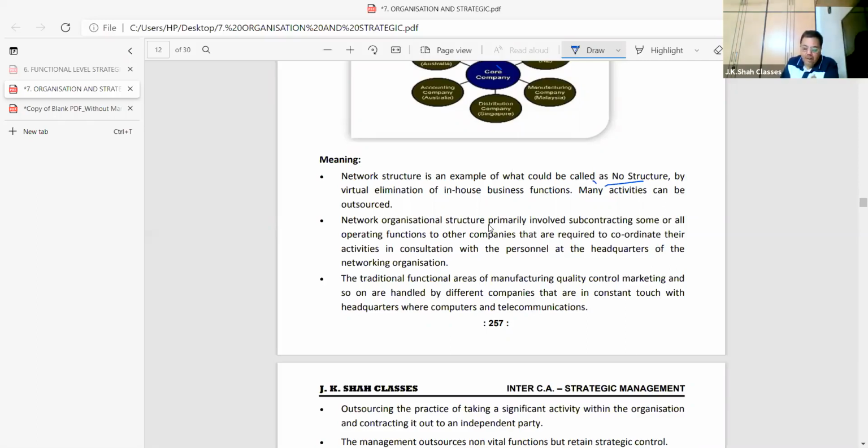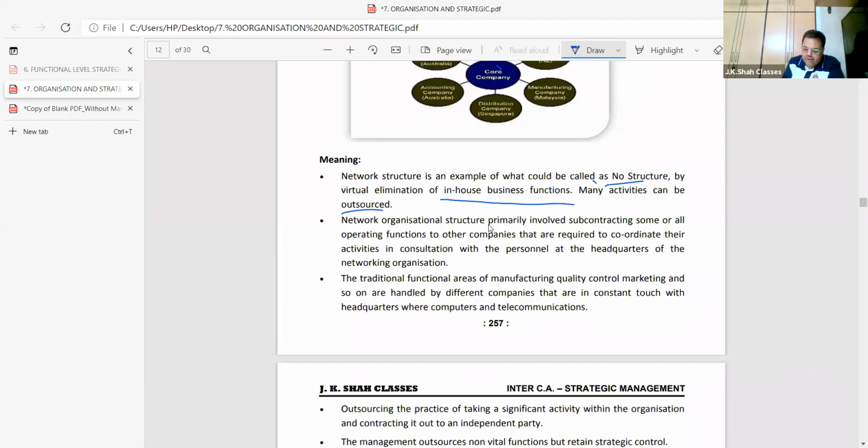Networking could be called no structure, by virtual elimination of in-house business functions. In-house business function is eliminated totally. We will not do any work on our own. All work will be outsourced. Many activities can be outsourced.